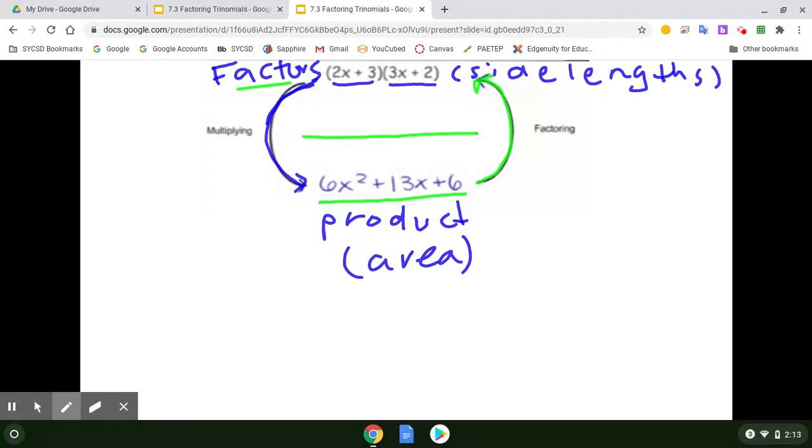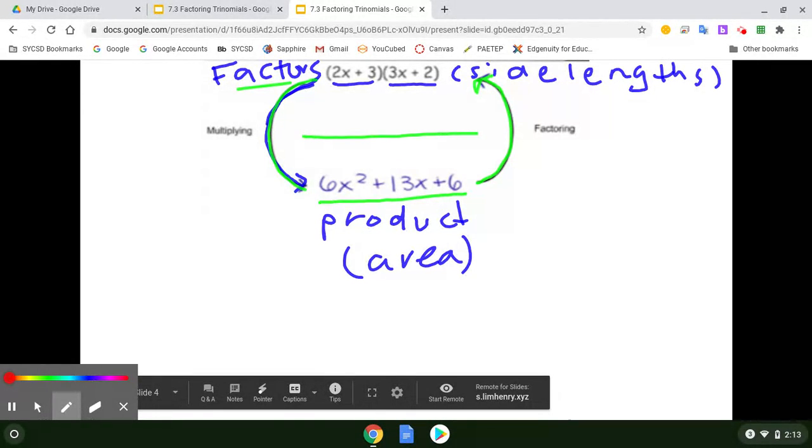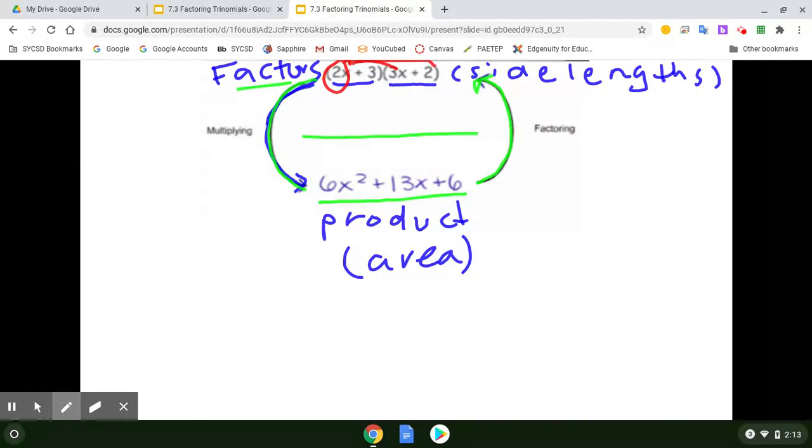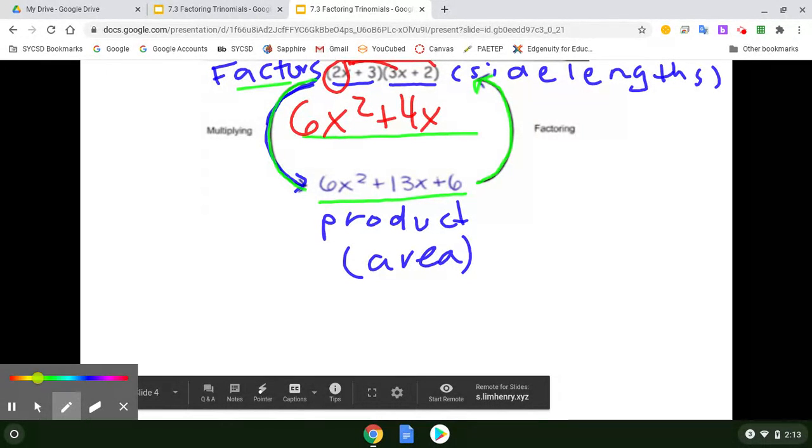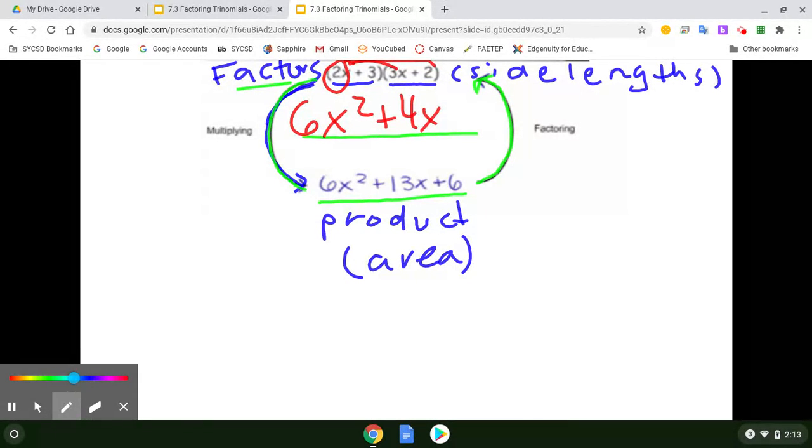So when we multiply, we know one way to do that is to distribute this 2x to the 3x and 2. So that gets us 6x squared plus 4x, and then distribute the 3 to the 3x and the 2 as well, and that gets us 9x and 6.